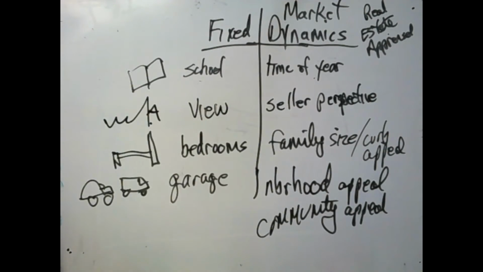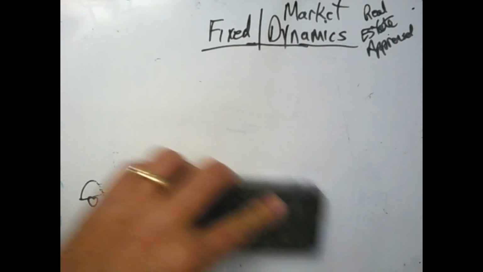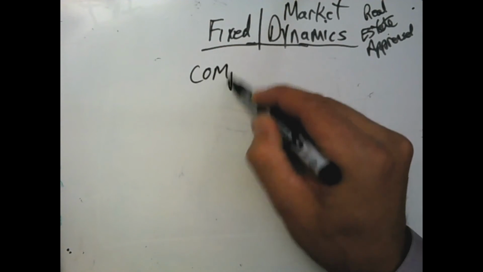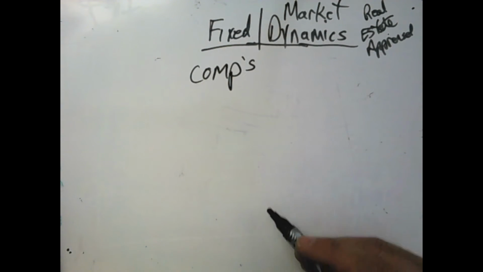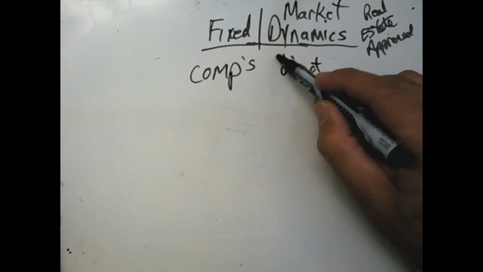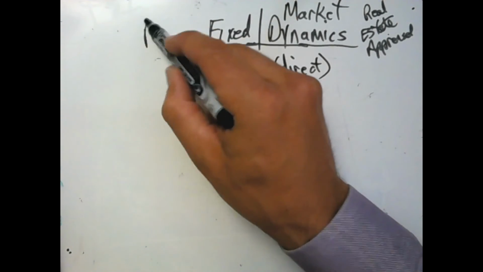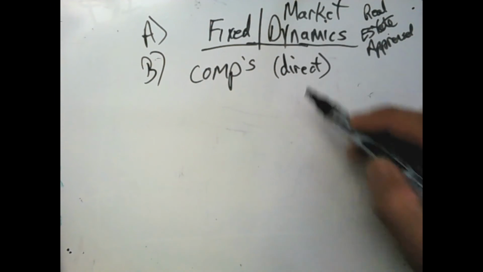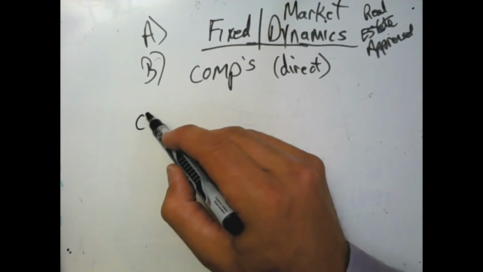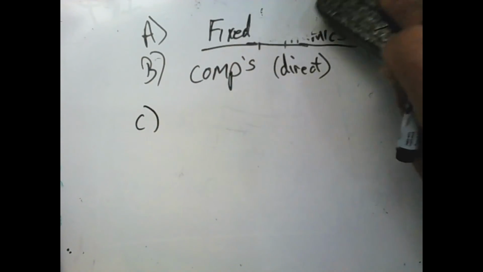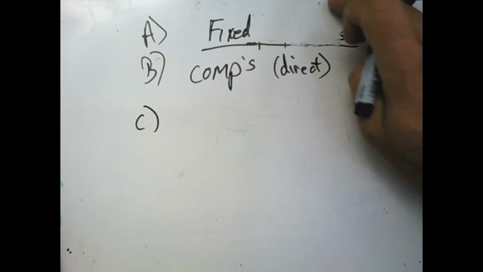So what's the next thing that comes along? The next thing that comes along in valuing a house is the comps, or the comparisons, and they're going to try to make that as direct as possible, an apples-to-apples comparison. So I'm just going to label these here. That's going to play into the appraisal.